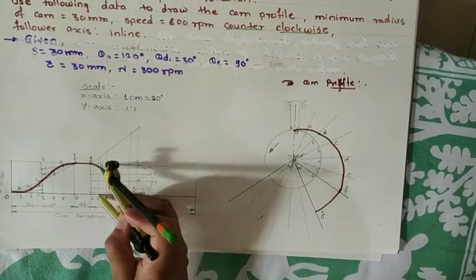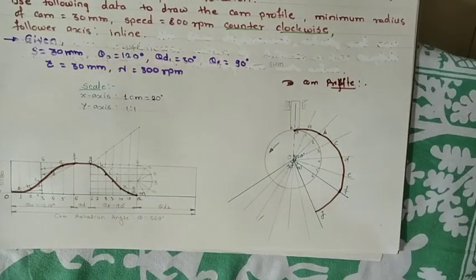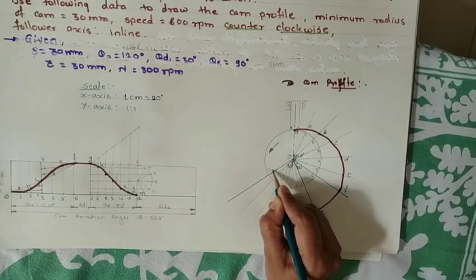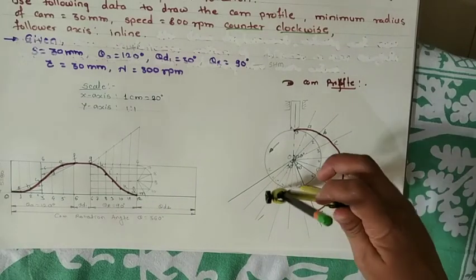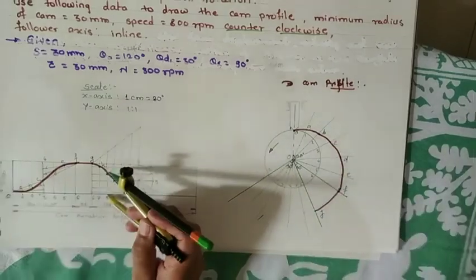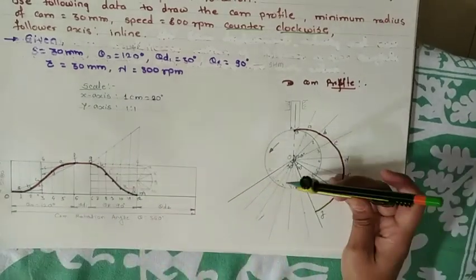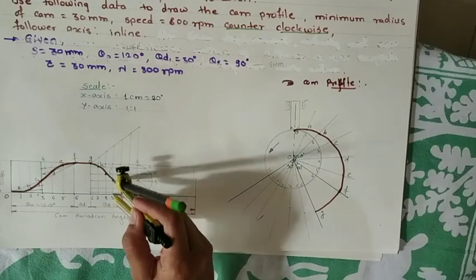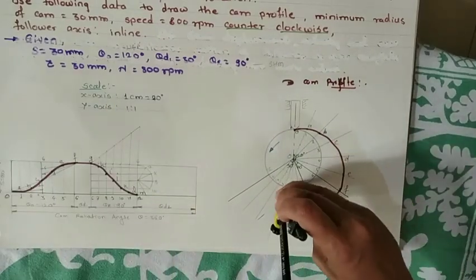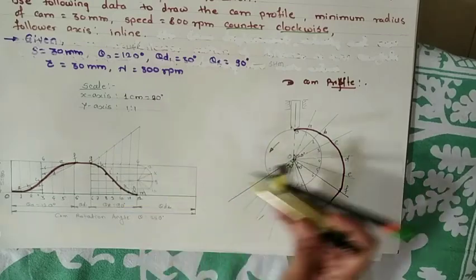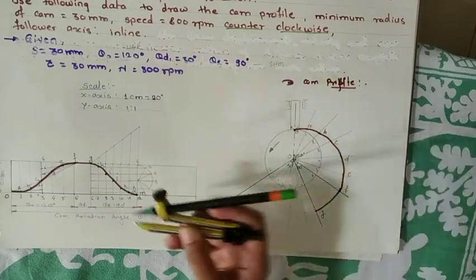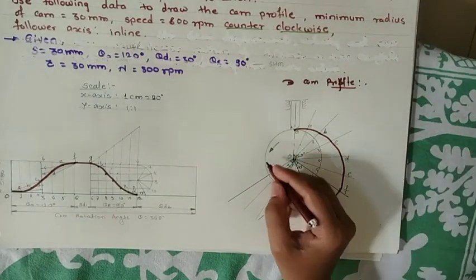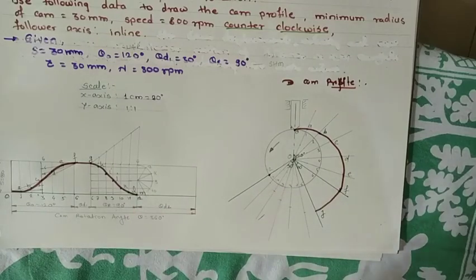Now use your compass, take the distance of 0.7 to H. Firstly give the numbers 6, 7, 8, 9, 10, 11 and 12. On this line 7 mark point H. Similarly 8 to I. So on this line 8 mark point I. Similarly 9 to J, 10 to K, 11 to L, and your last point is at 12.